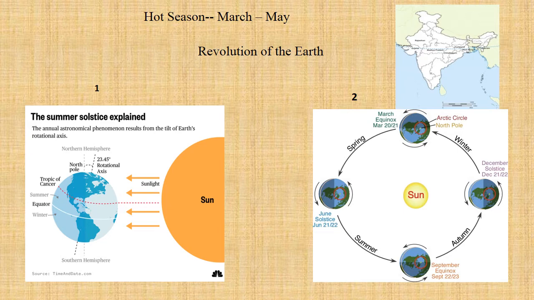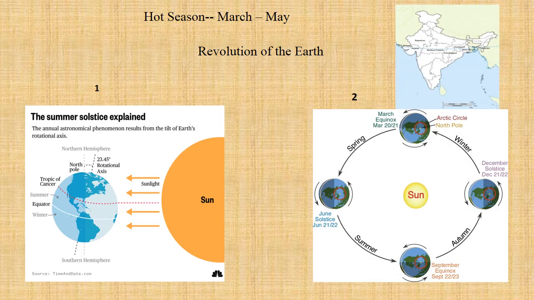The advancing monsoon means the beginning of the monsoon, which starts in the month of June and ends in the month of September. And retreating monsoon means the monsoon leaves India, that starts in the month of September and ends in the month of December. So September to December is the retreating monsoon season.